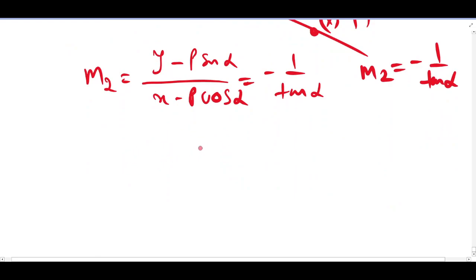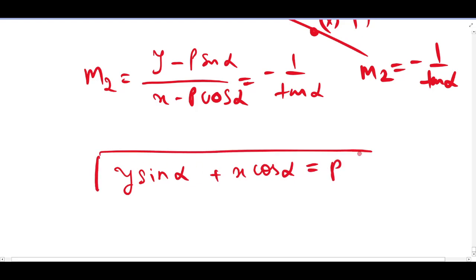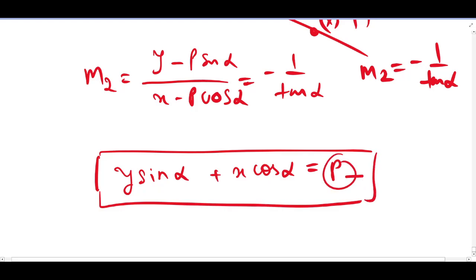If we rearrange the terms, we get y sin alpha plus x cos alpha is equal to P. This is the normal form. Whenever we have P, the perpendicular distance from the origin, and the inclination angle of the normal from the x-axis, we can find the normal form of the equation.